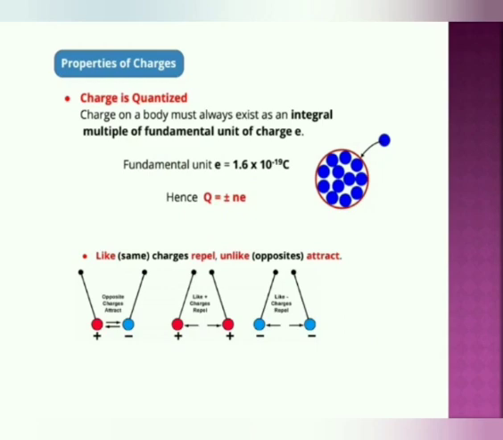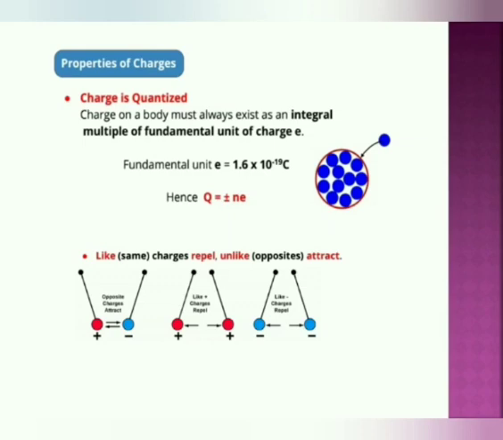Properties of charges. Charge is quantized. Charge on a body must always exist as an integral multiple of the fundamental unit of charge e. Here integer means a whole number, which is not in fractions.